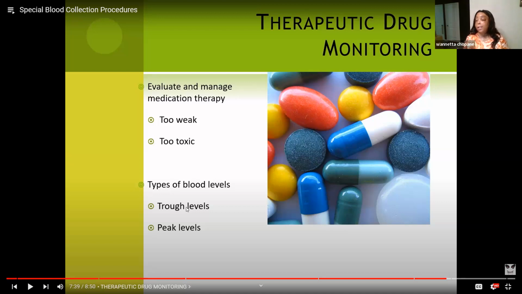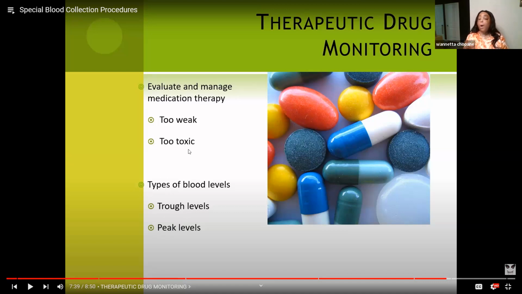The doctor is trying to say, okay, at its weakest moment before taking the medication, we want to see what the level is like. So if you have an order for a peak level, that peak level is taken after the medication is given.